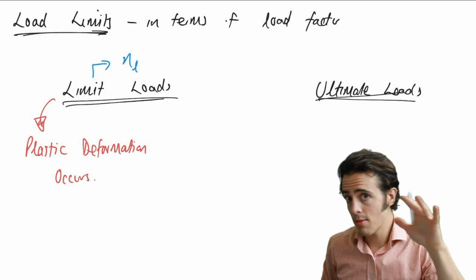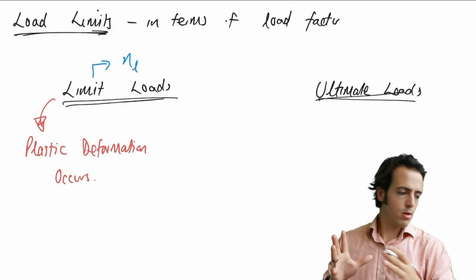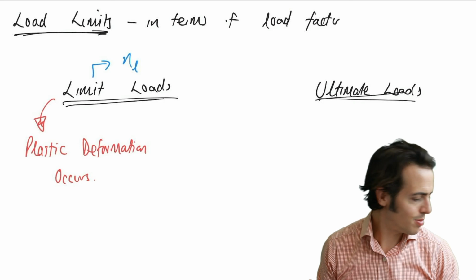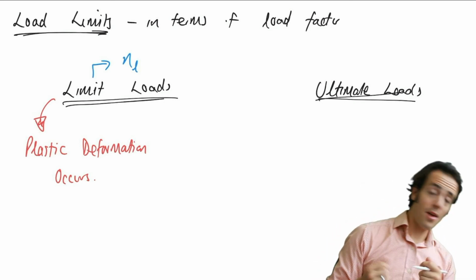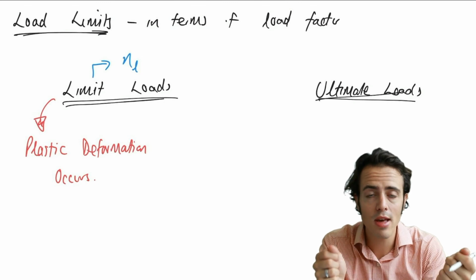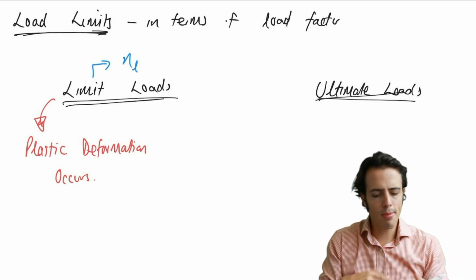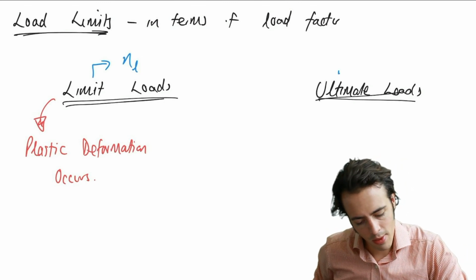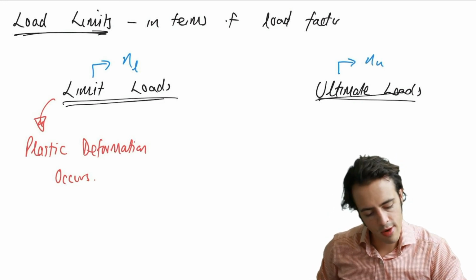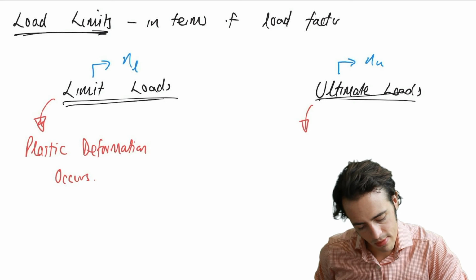We still define some limits above these, because we can remember that with materials, I'm looking to see if I've got anything plastic I can break on my desk, and I don't. We can bend things to the point where plastic deformation occurs, but they still don't snap. They actually snap at a higher point, which we're going to call NU, and this is where material failure occurs.